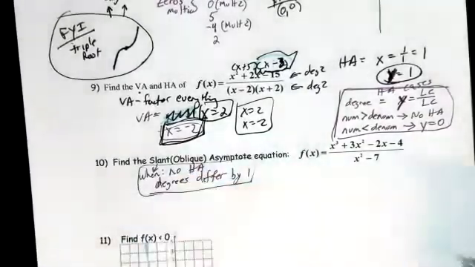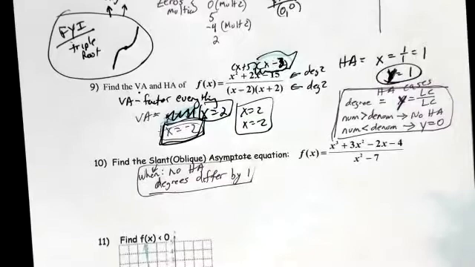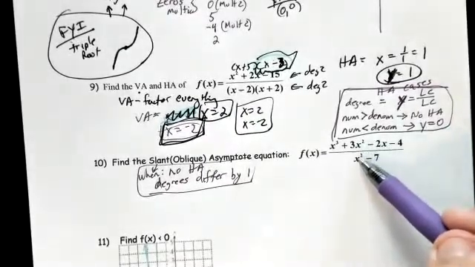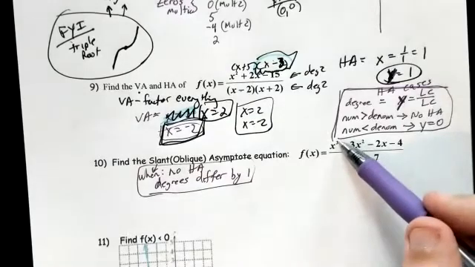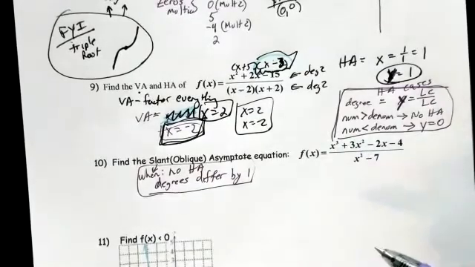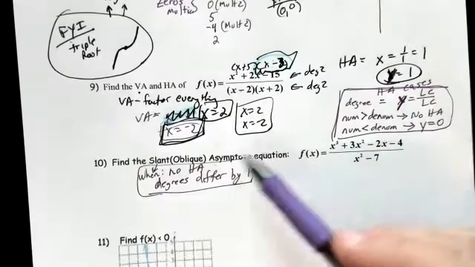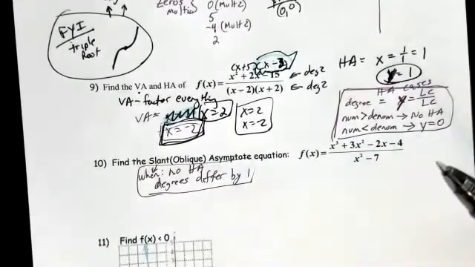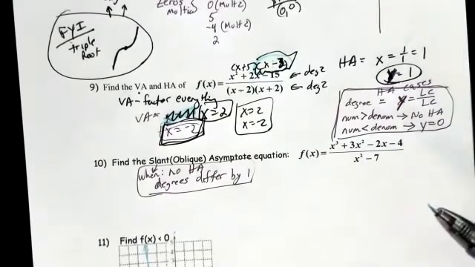That's when you have a slant asymptote. So the top degree has to be bigger than the bottom degree, which it is, and 3 is only 1 more than 2. So this has a slant asymptote. If these do not qualify, then it does not have a slant asymptote. So you would just say no slant asymptote.